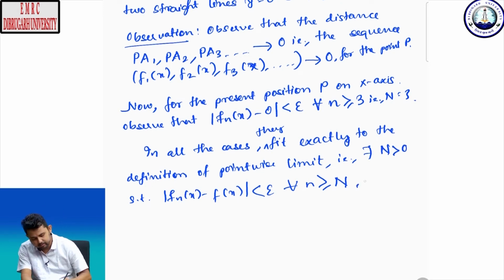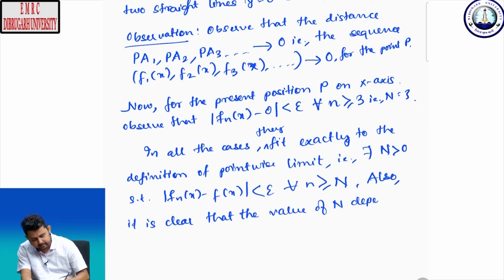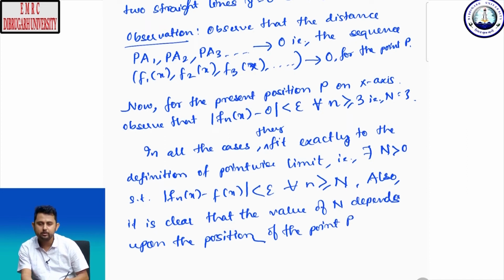So, also graphically we have seen that it is clear that this value of capital N depends upon the position of the point P, or we can also say that it depends upon the value of x.